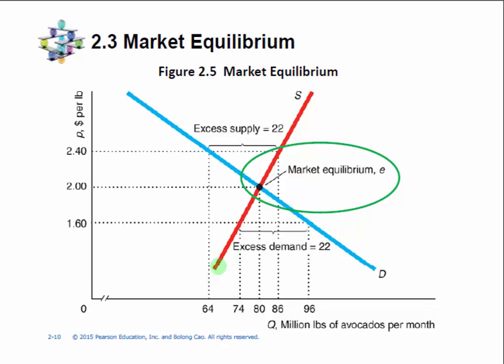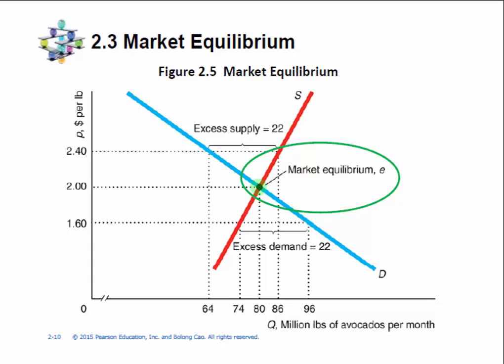Once we have the supply and the demand, right, here we put the avocado supply curve and the avocado demand curve in the same picture, right? For every price, there's a quantity demanded on the demand curve, and there's a quantity supplied on the supply curve.